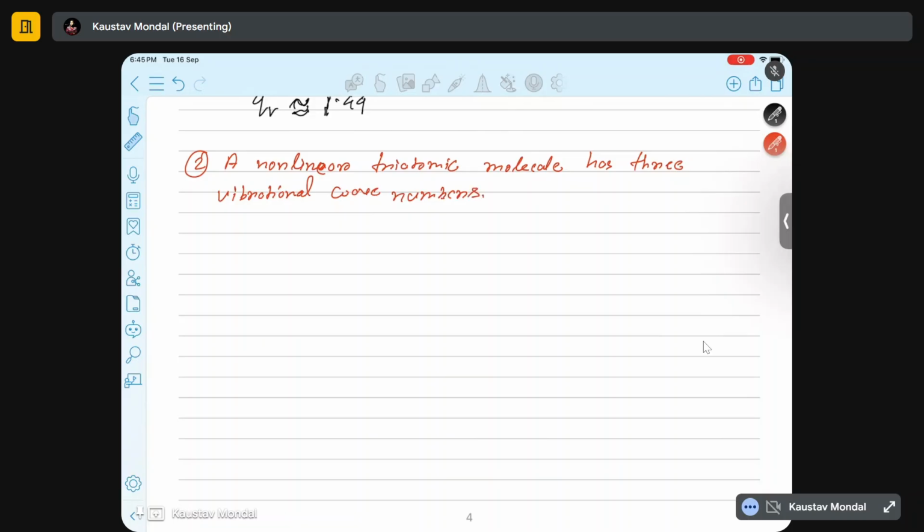The wave numbers are basically given: nu tilde 1 is 200 centimeter inverse, nu tilde 2 is 300 centimeter inverse, nu tilde 3 is 400 centimeter inverse. So these 3 wave numbers are given.